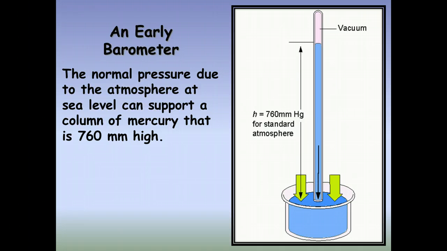It shows that as the pressure of air is pushing down on this open container of mercury, there's a vacuum here with no atmosphere at all, and the height of this column of mercury is dependent on the pressure outside of the system, which would be 760 millimeters of mercury.